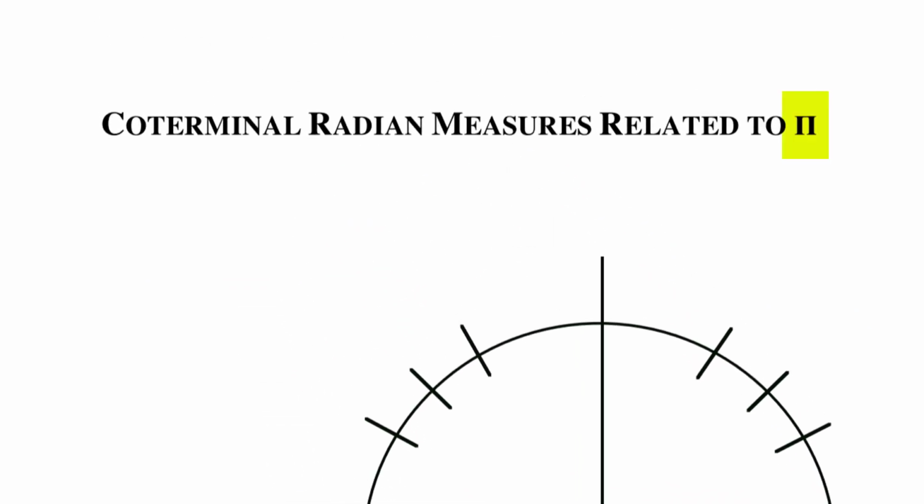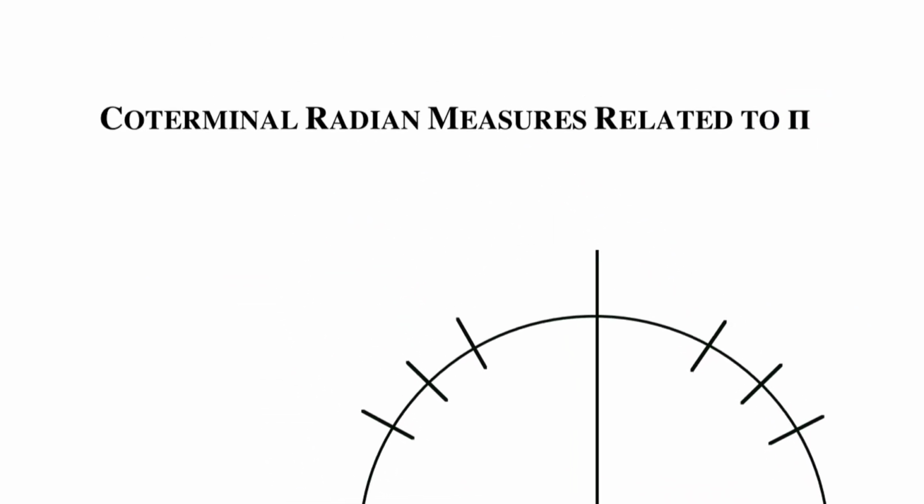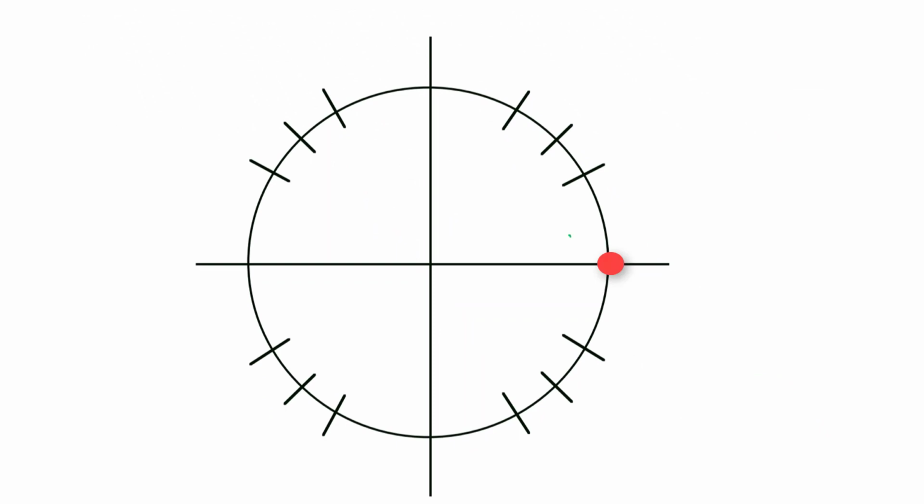And now we look at angles related to pi, actually starting at 0, and pi at 180 back to 2 pi at the same location as 0. We go back and forth on the x-axis.